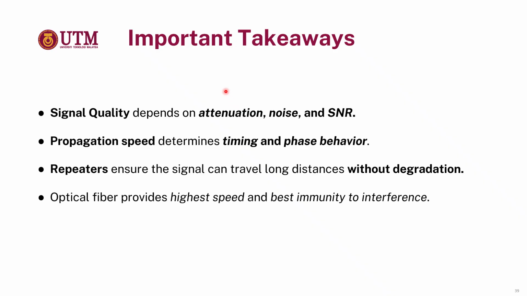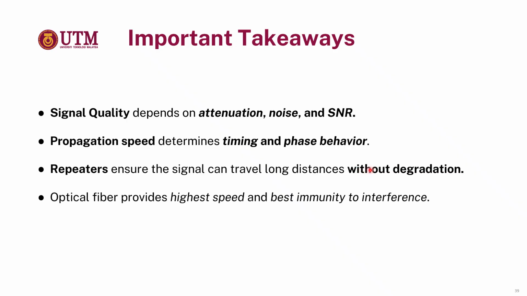Important takeaways. Signal quality depends on attenuation, noise, and also signal to noise ratio. Propagation speed determines the timing and the phase behavior of our signals being propagated. Repeaters ensure the signal can travel long distance with less degradation.